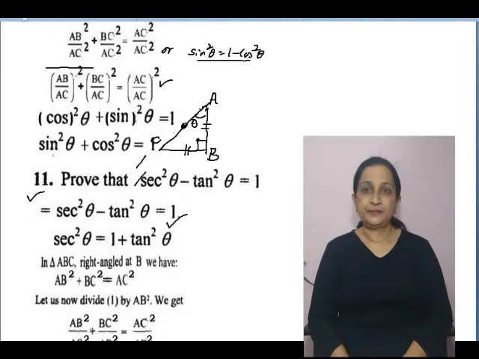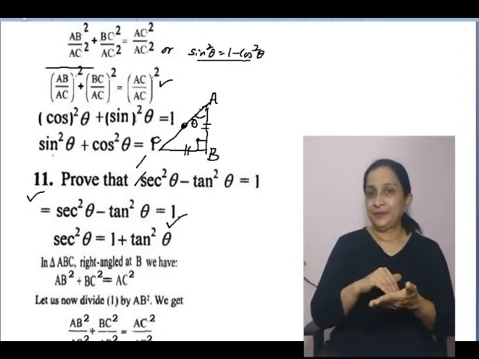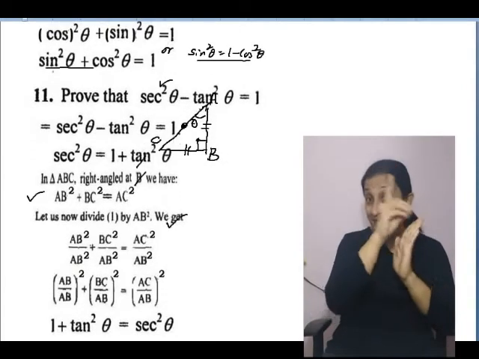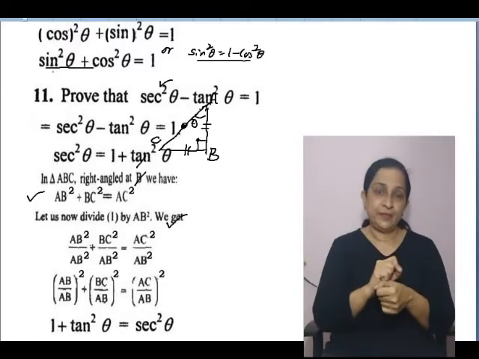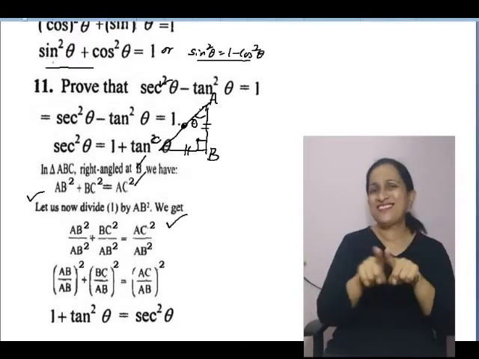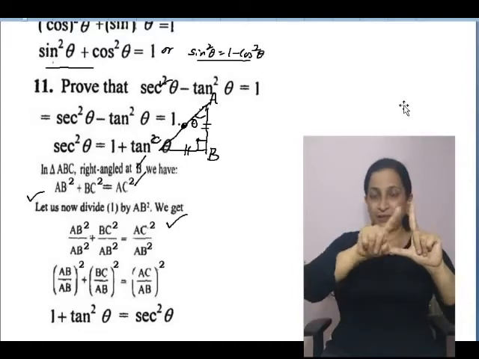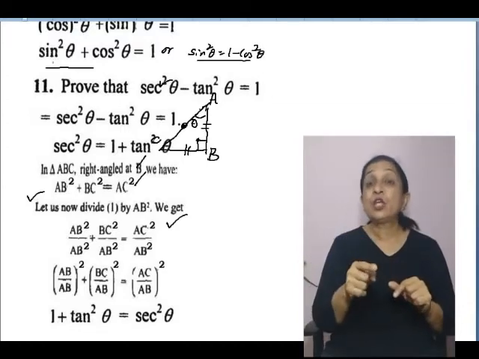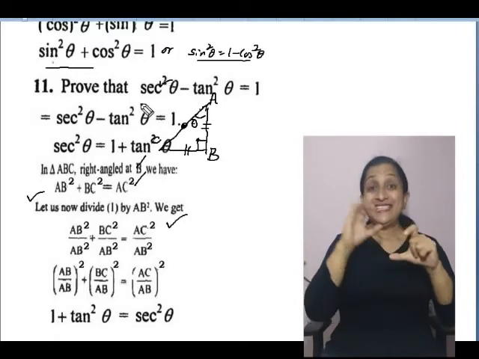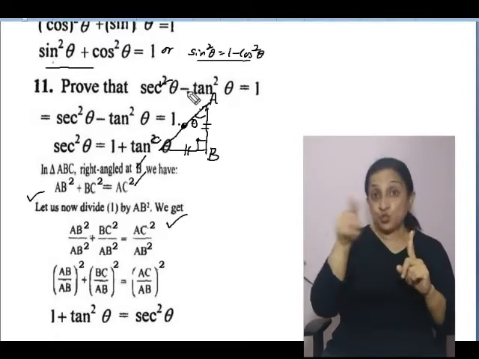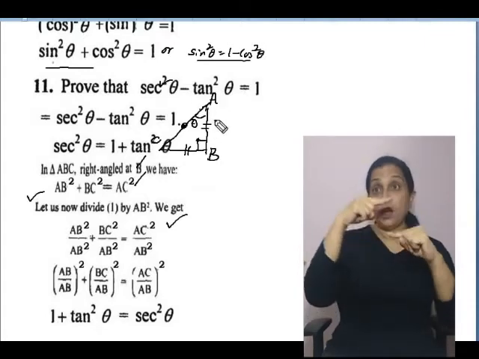Using the same picture, we can now do the other proof. Let us prove that sec squared theta minus tan squared theta is equal to 1, or they may put tan squared theta is equal to 1 per sec squared theta, whatever.